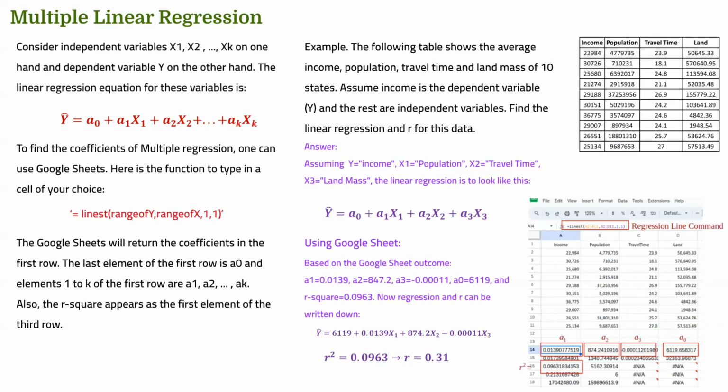We can calculate R, as you can see in the calculation here. So R square based on the first element of the third row is 0.0963. And if you find the square root of that, R will be 0.31.